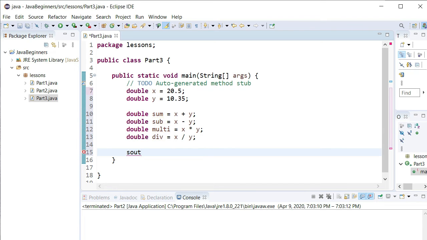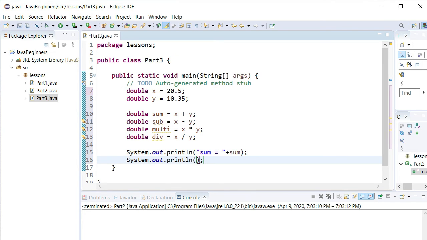S out, control space, sum, within inverted commas, sum equals plus sum. Subtraction equals sub.